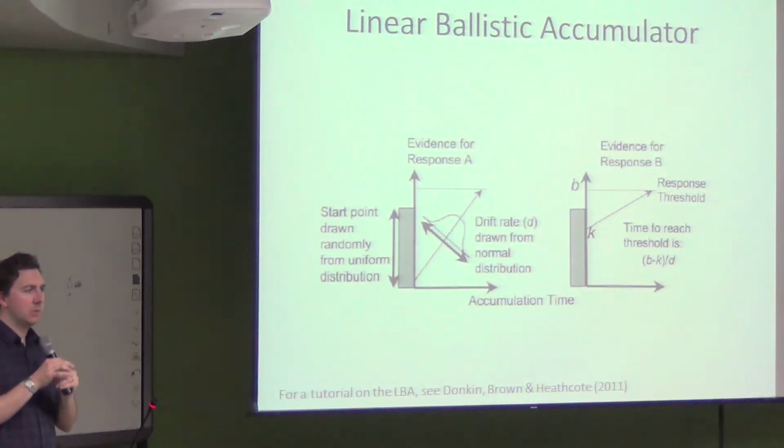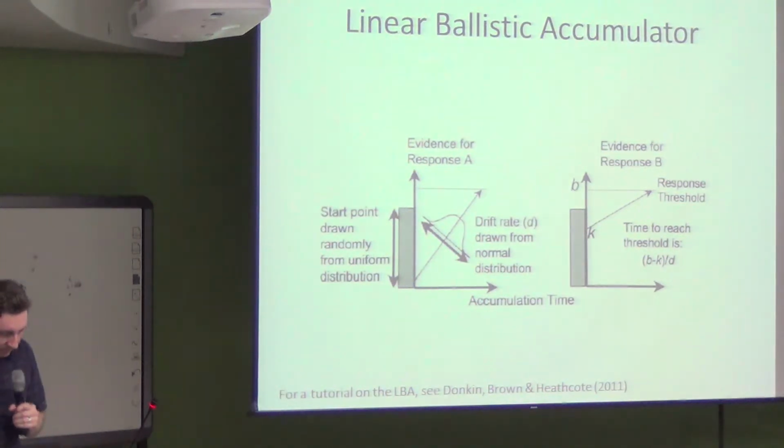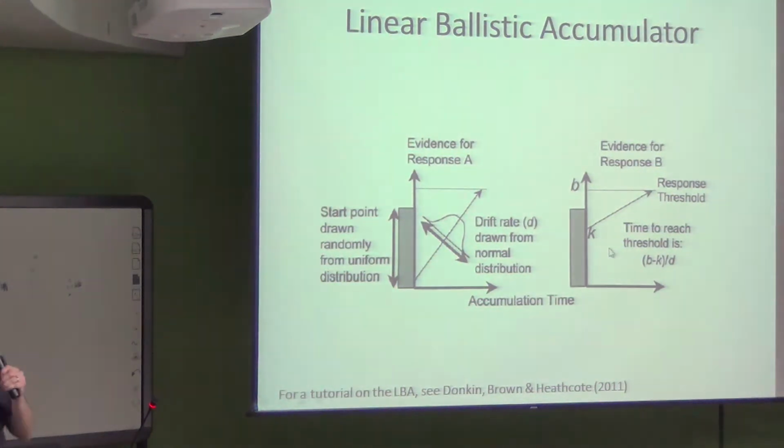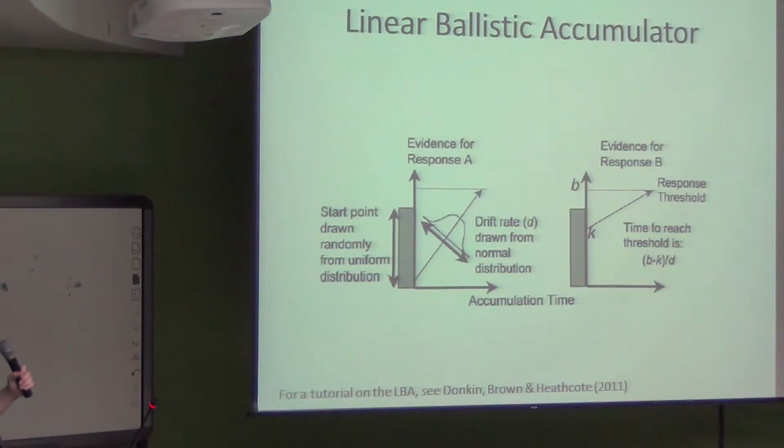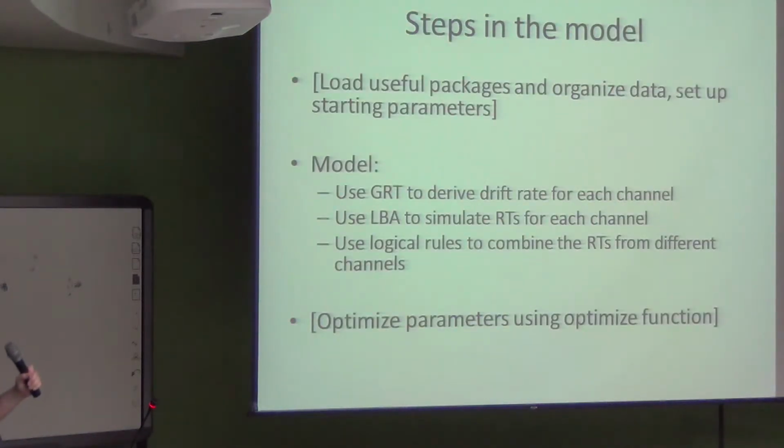Is that what you were getting at? Yeah. So even though it looks like we've got two things going on here, this is effectively a single channel process, because you've only got one race between these two responses. Okay, I think we're okay to move on.